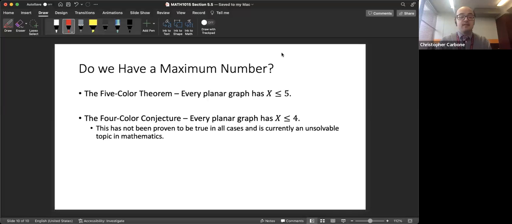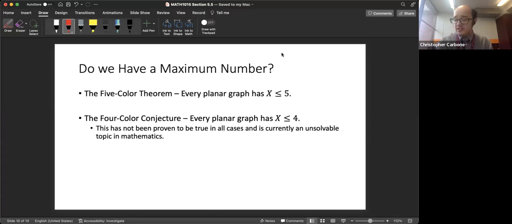So with that being said, right, do we have a maximum number for this? And kind of. The 5-color theorem says that every planar graph has a chromatic number that's less than or equal to 5. And the 4-color conjecture is every planar graph has a chromatic number of less than or equal to 4.